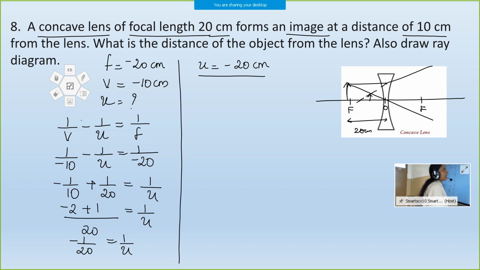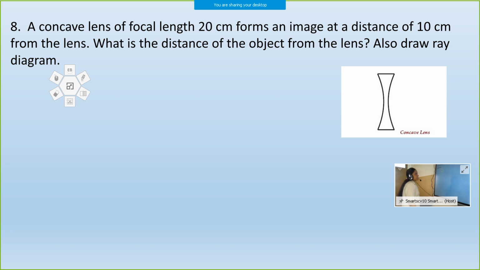So here you will be obtaining an image. Let AB be the object and A dash B dash be the image, and the image distance you are getting is 10 centimeter. When you draw the diagram, draw it with a scale and pencil. Okay children, so we will move on to the next topic.